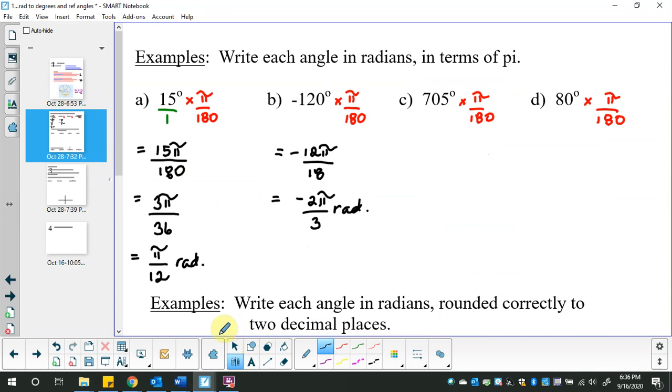It's positive, and you do have negative, which means they'd be clockwise rotations. So the next thing is this one. I'm going to, in my head, divide by 5. So divide by 5, divide by 5, divide by 5. And divide 180 by 5.